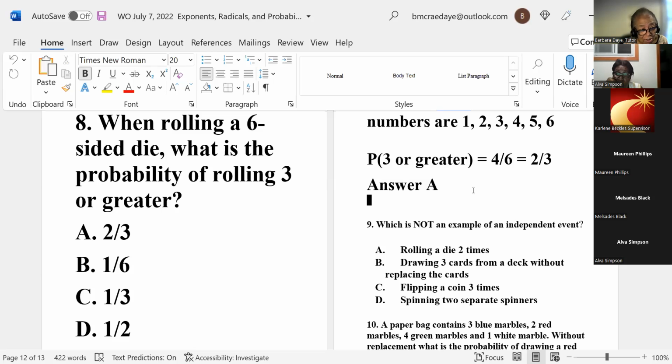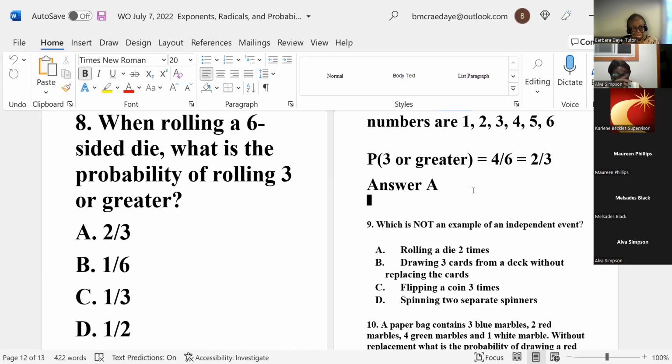You've got to include the 3. Doesn't it say 3 or greater? So you have to say 3, 4, 5, 6.